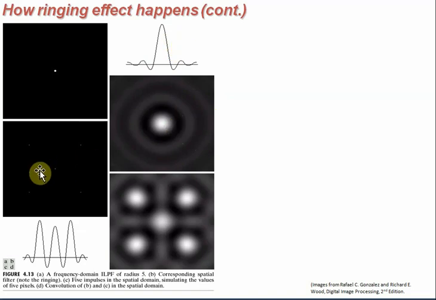Now coming to one image, which has only 5 pixels, an image like f of x comma y. Now if I convolve these two, f of x comma y and h of x comma y, I can get an image like this. This is H of u comma v, this is H of x comma y, this is f of x comma y.